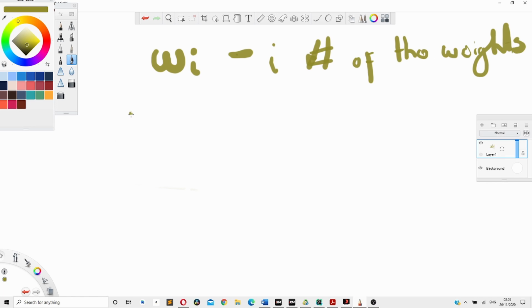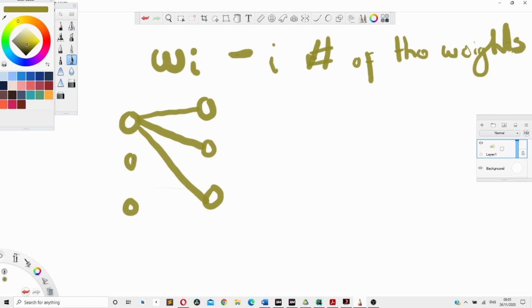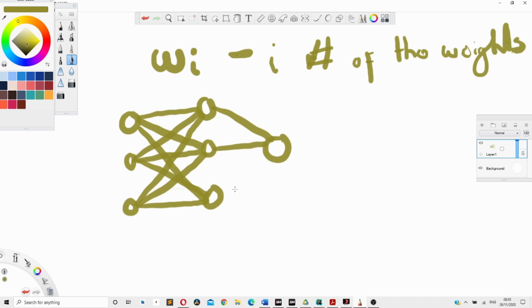So let's say here we have 3 input features, and then let's say we have 1, 2, 3, something like this. Then we have our output here. This is our neural network, right? So this is going to be W1, this is going to be W2.